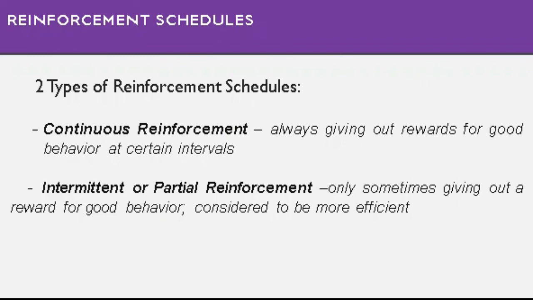So, in line to that one, sinasabi na mas mabuti daw gamitin ang partial reinforcement because nagbibigay ka lang ng reward doon sa tao or maybe an animal also can be applicable kung may ginagawa lang siya na desired behavior na gusto mo, doon ka lang nagbibigay sa kanya ng reinforcement.